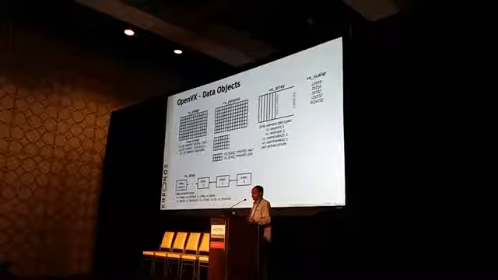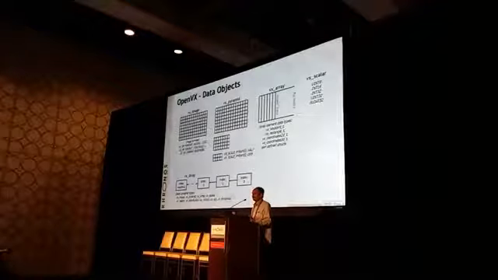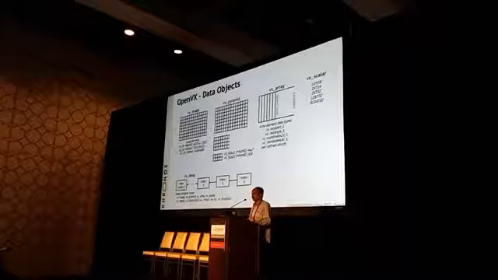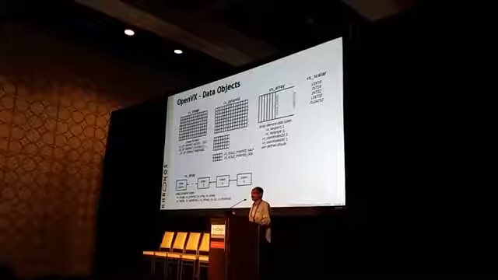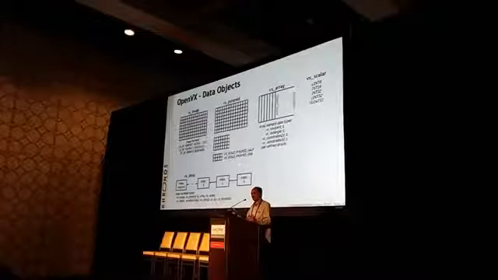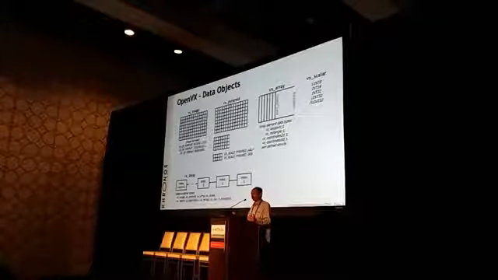So I just prepared this slide to give you an idea about how various objects look in OpenVX. One is an image. There are various data types that OpenVX supports, ranging from a single planar image of 8-bit or 16-bit or 32-bit to multiplanar images such as IYUV or NV12.